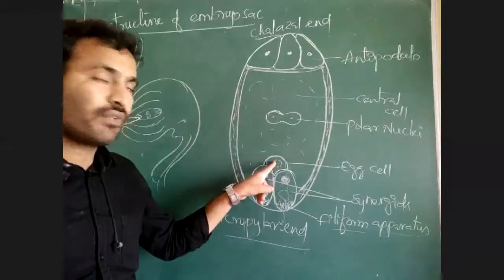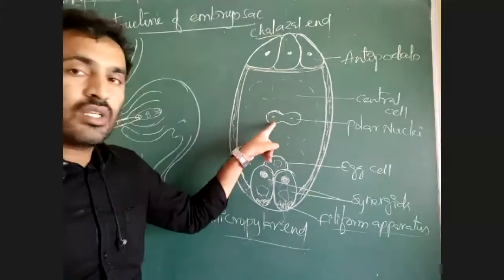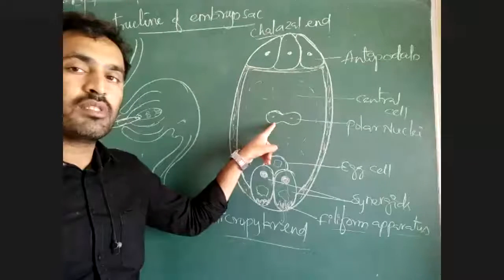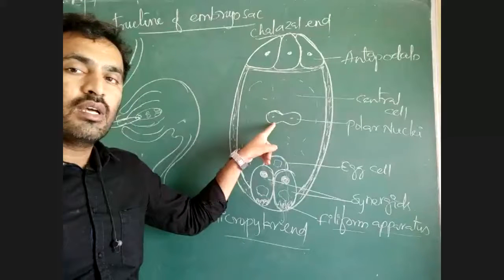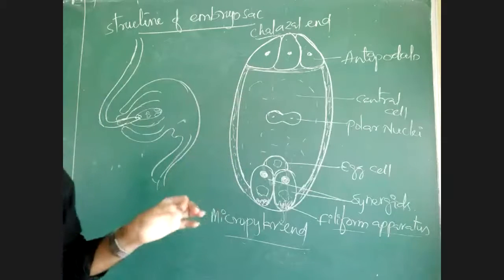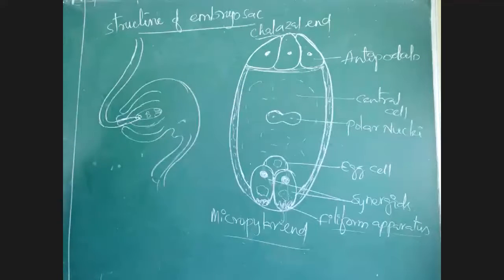That is the function of the egg cell. The polar nuclei fuse with the second male gamete and form what? The primary endosperm nucleus. That is its function. Antipodals are the smallest vegetative cells of the embryo sac. They will degenerate before or after fertilization.